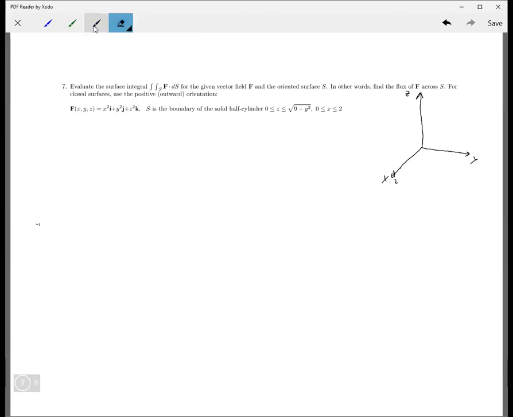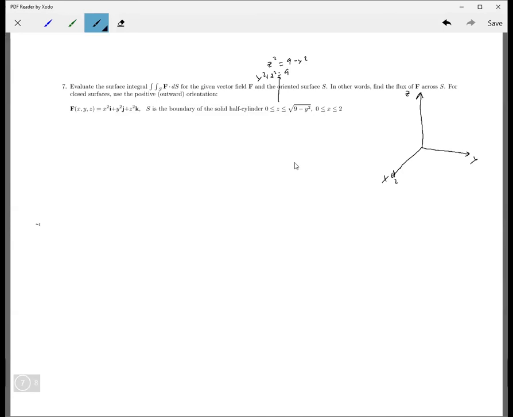Okay, so let's see here. If you look at just y and z, and you square both of these, you bring the y over, you get y squared plus z squared equals 9.